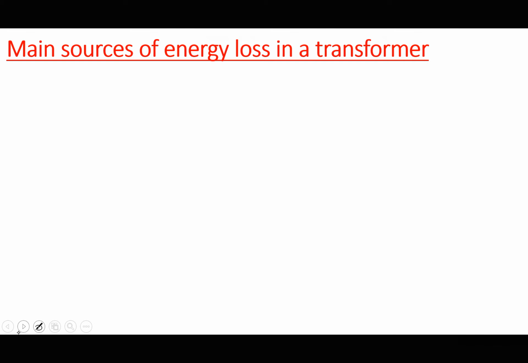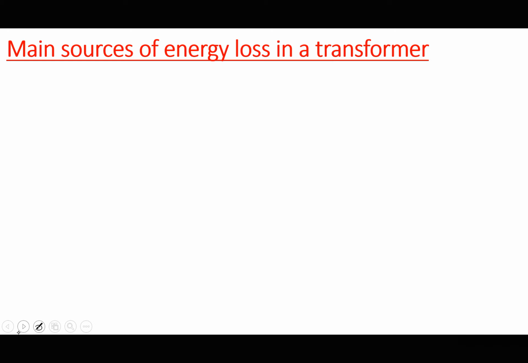Part of the changing magnetic field in the core results into a current within the core itself, which current is wasted as heat within the core itself. So that means energy is being wasted and therefore the efficiency cannot be 100%. That is the most obvious one.